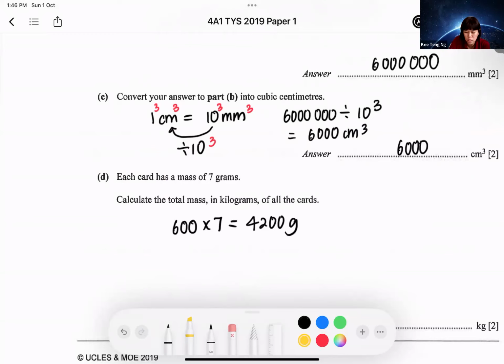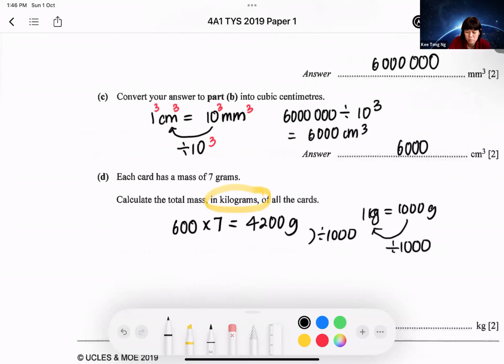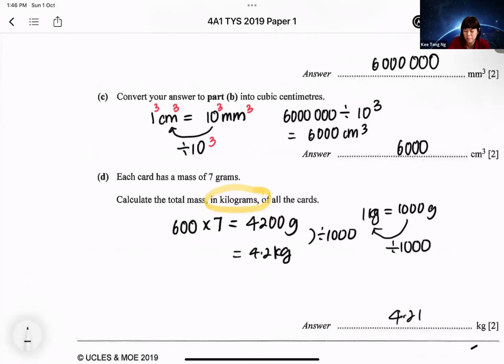But they want you to change it in kilogram. 1 kg equals 1,000 gram. So from gram to kg, divide by 1,000. 4.2 kg. Have you gotten the concept?